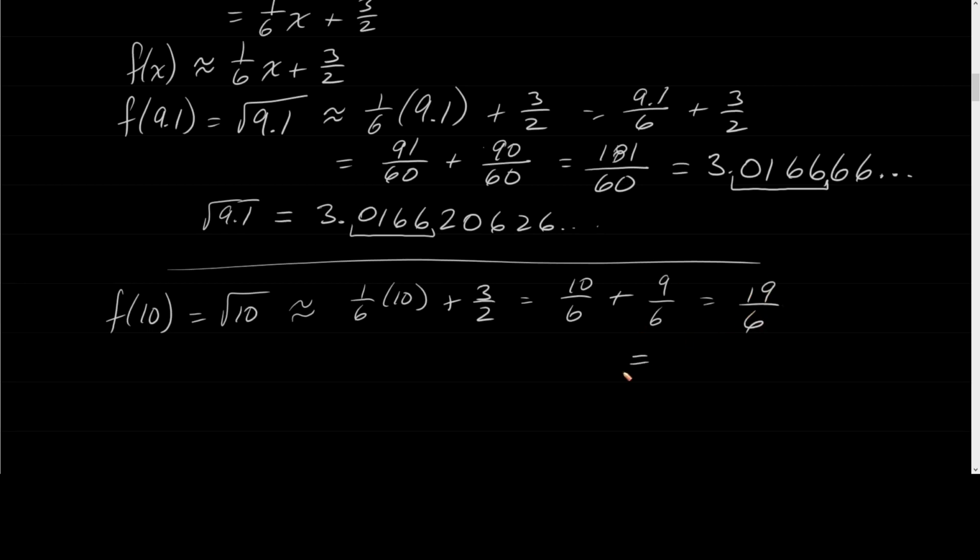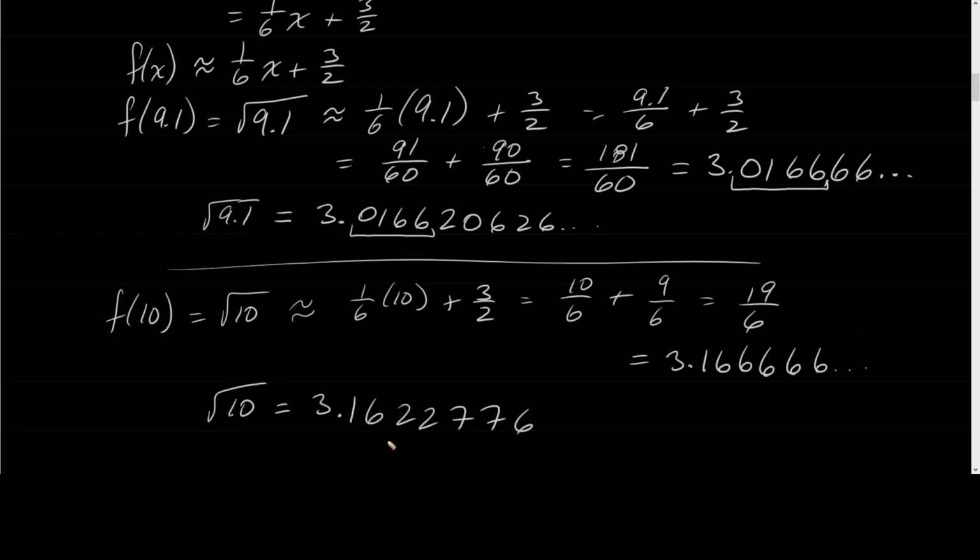If you plug that into the calculator, we end up with 3.16 with a whole bunch of sixes repeating forever. The square root of 10 is actually 3.1622776 with a whole bunch of other stuff. But look at that, 3.16, and then it changes. So that's a pretty close approximation.